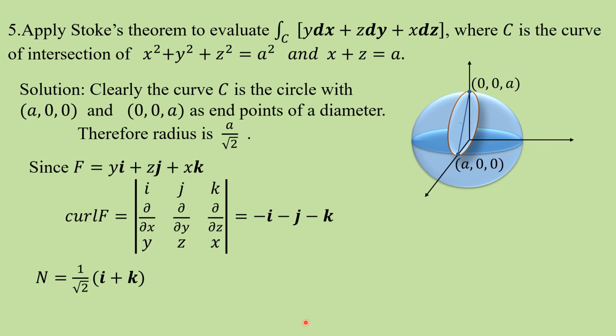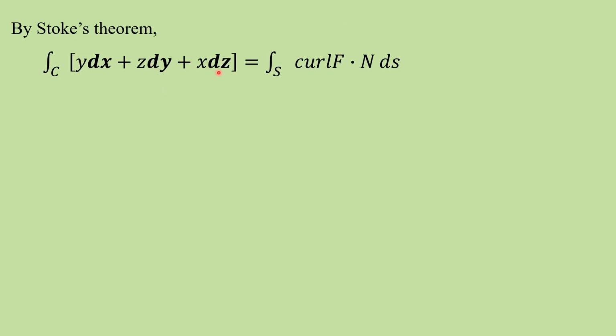Thereby the dot product between curl f and n, I can write curl f dot n is nothing but 1 by root 2 times (minus 1 into 1 plus minus 1 into 0 plus minus 1 into 1), that is minus 2 divided by root 2, which gives minus root 2. So by Stokes theorem, the line integral of y dx plus z dy plus x dz, I can take as the surface integral of curl f over the surface, where curl f dot n is minus root 2.